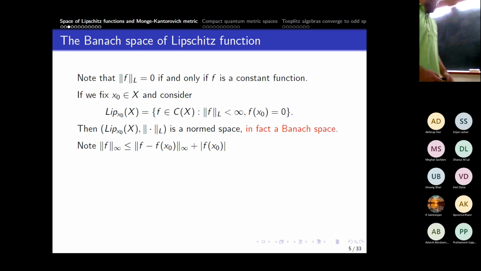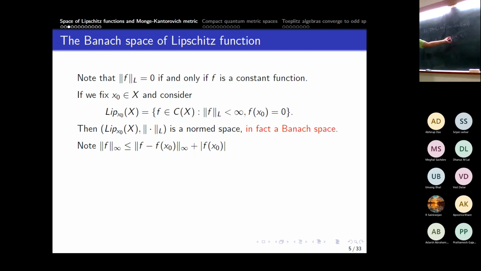The first quantity, the sup norm of f minus f(x naught), is the sup of |f(x) minus f(x naught)|, where x is in X. But f being a Lipschitz function, this is less than or equal to the Lipschitz bound times the distance between x and x naught.